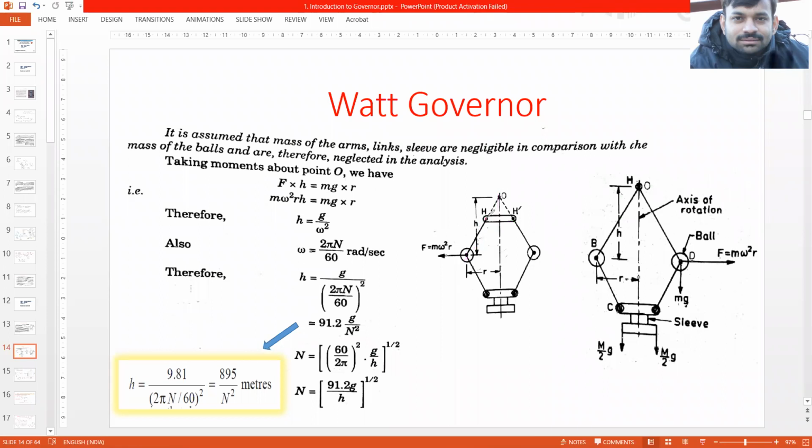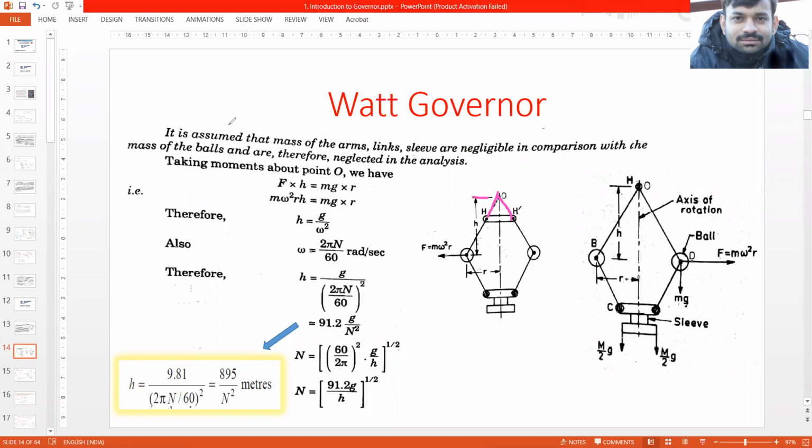The height is to be taken by extending these arms up to the spindle. You will not measure the height up to here from the plane of rotation. The height has to be measured with these arms extended until they touch the sleeve. So this will be the height.